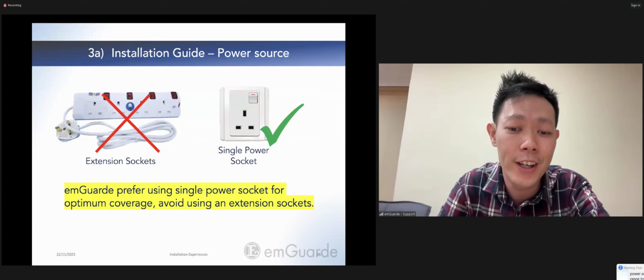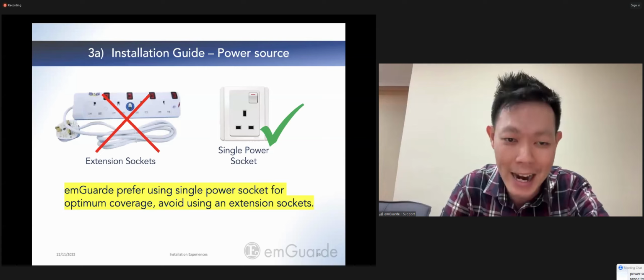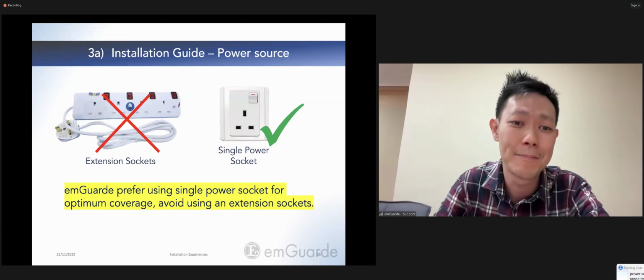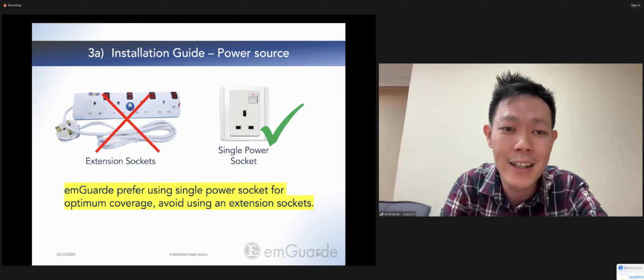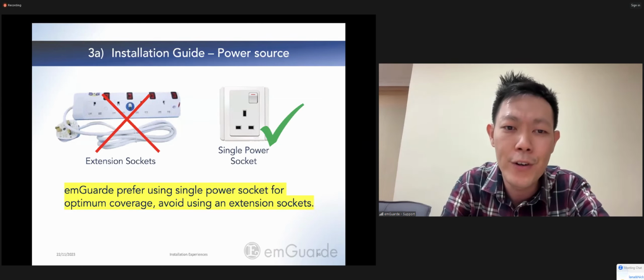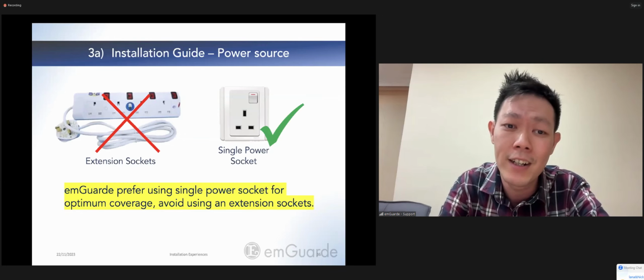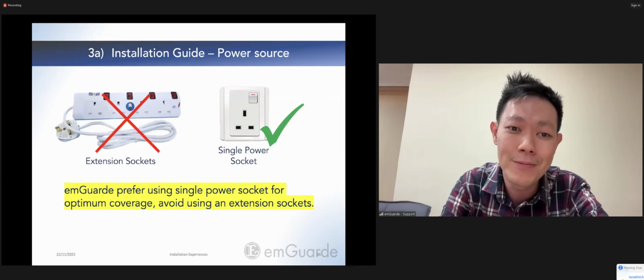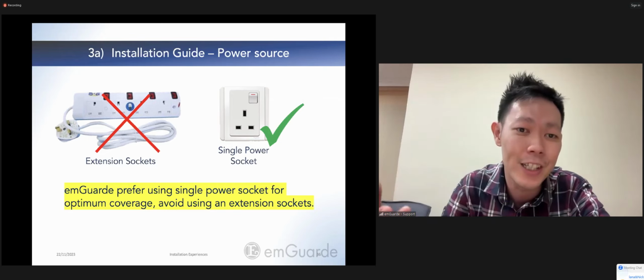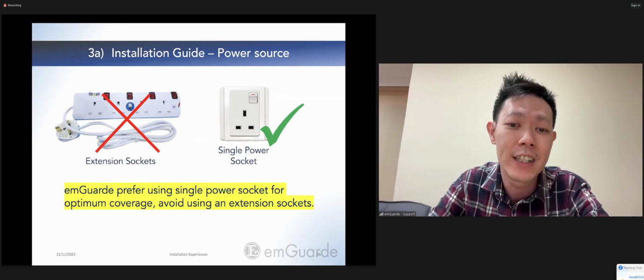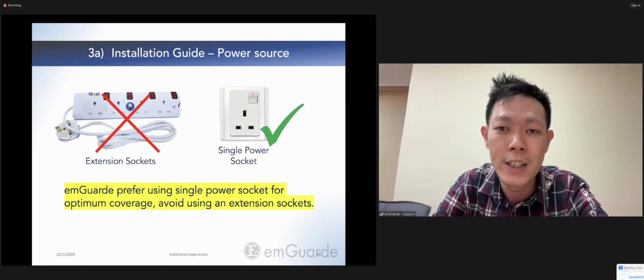If your house doesn't have enough sockets, like mine, I also use a power extension, but the other sockets I use are for minimal current, like phone charging or other minor devices, which will not affect it. If you plug in a hair dryer or a vacuum cleaner, it may draw high current and reduce the efficacy of the emGuarde. Okay, this is the first tip that you need to take note of.